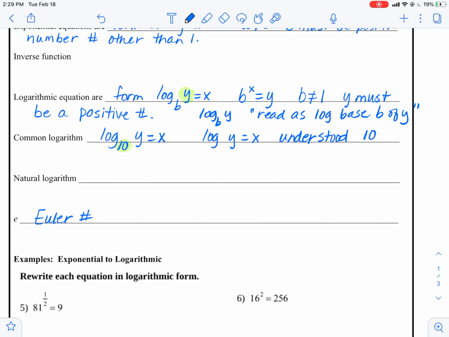The way that it was calculated was we took 1 plus 1 over n, to the nth power. And as n gets larger, it was found that that value became closer and closer to the number 2.71828. And so we started just calling that the letter e.